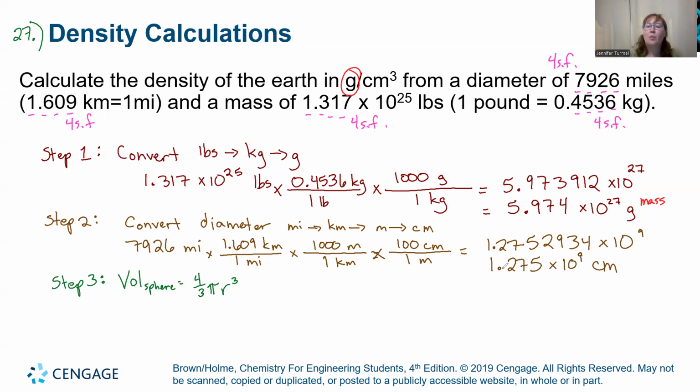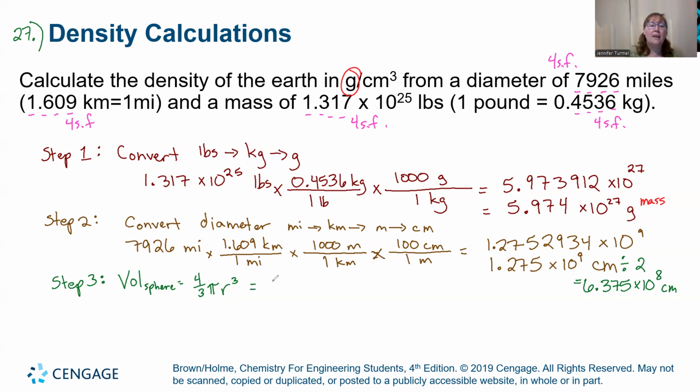Okay, and so what I do is I divide my diameter by 2 to get a radius of, so 1.275 times 10 to the 9th divided by 2 gives me a radius of 6.375 times 10 to the 8th centimeters.